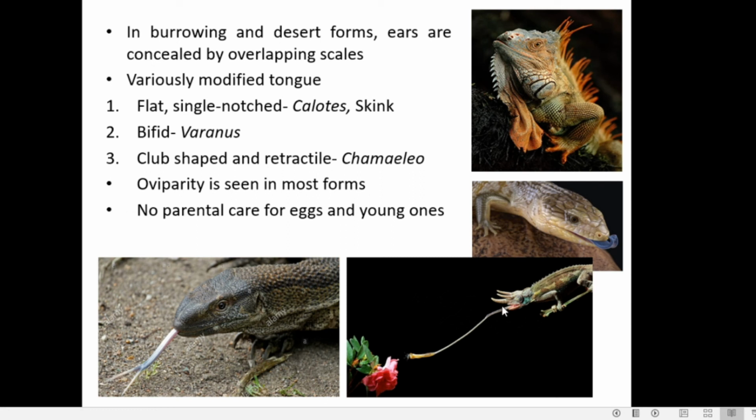Whereas in chameleon, the tongue is club shaped. Here this is the tongue, and it is protrusible to capture the prey, as well as retractile. It can be taken back into the mouth. So by this we can see that the tongue is also variously modified in different types of lizards.